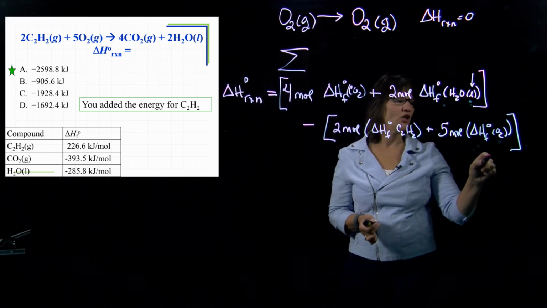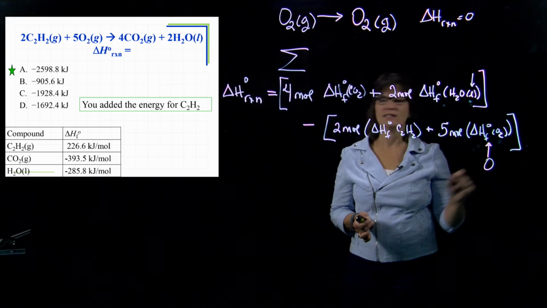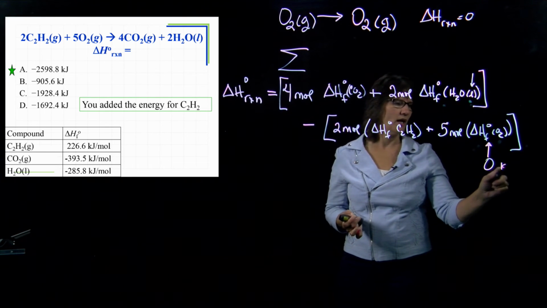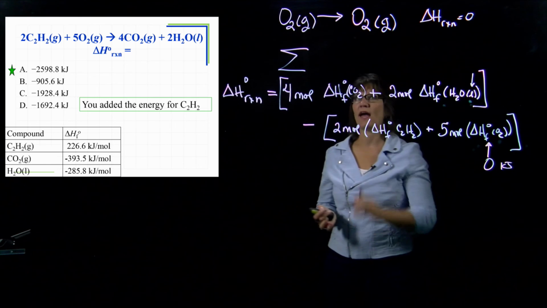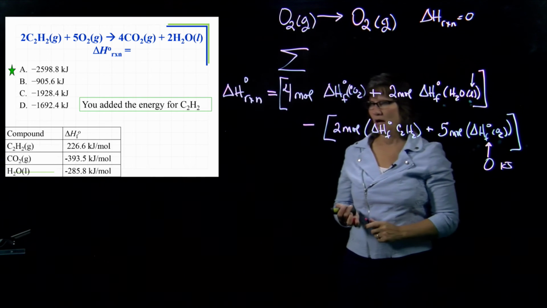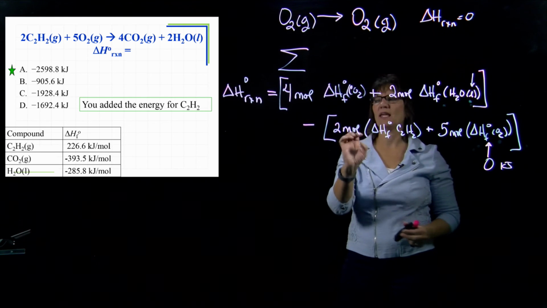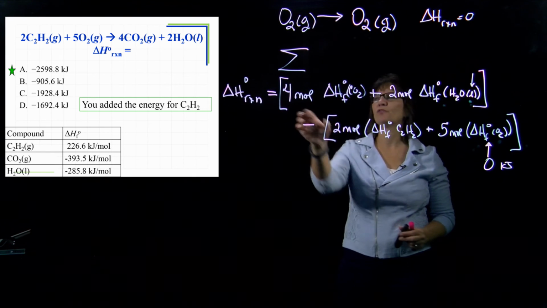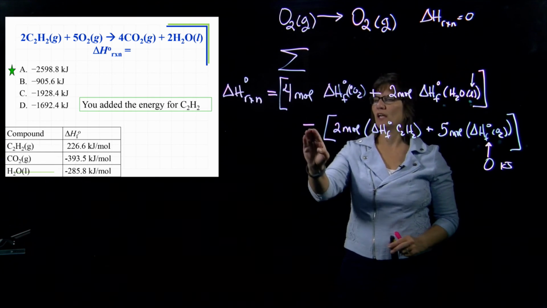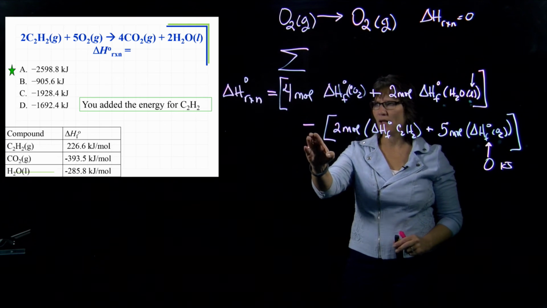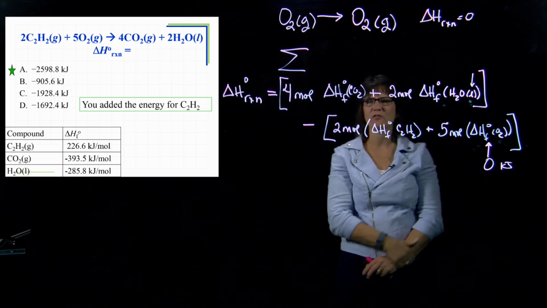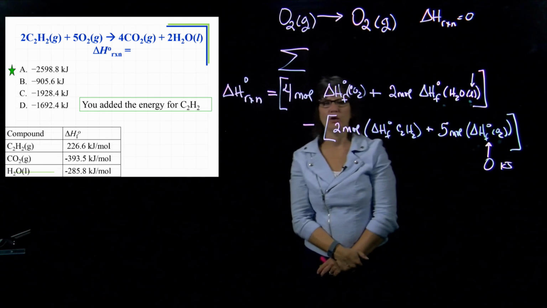Because that value, I expect you to know, is a big 0 kilojoules. It takes no energy to do that for the reasons we talked about up here. So a common mistake is to forget to double things, forget to put these in, forget about the sign here that this is minus. Just be meticulous about plugging your stuff in and you'll be okay.